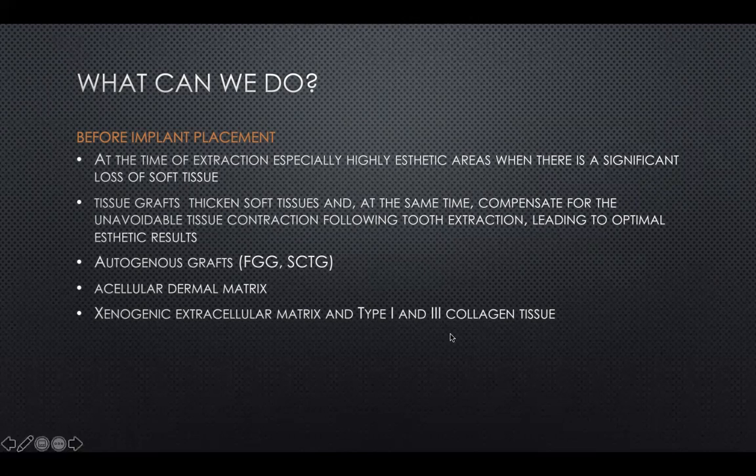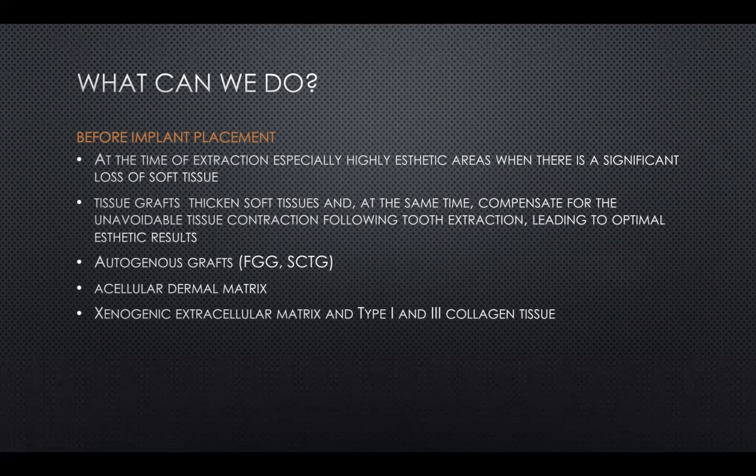graft. These are harvested from the palate or the tuberosity of the maxilla, and almost these two are the same, except that the free gingival graft contains epithelium in it, and in the subepithelial connective tissue graft, we remove the epithelium and we end up with only a connective tissue.